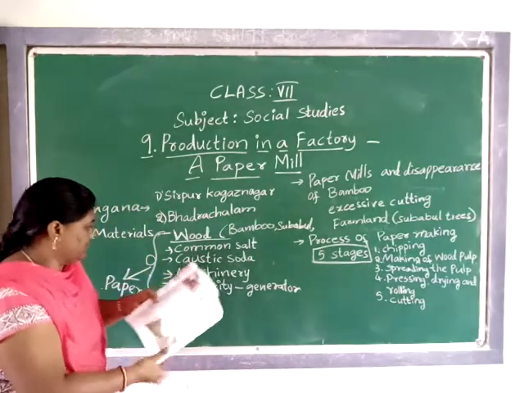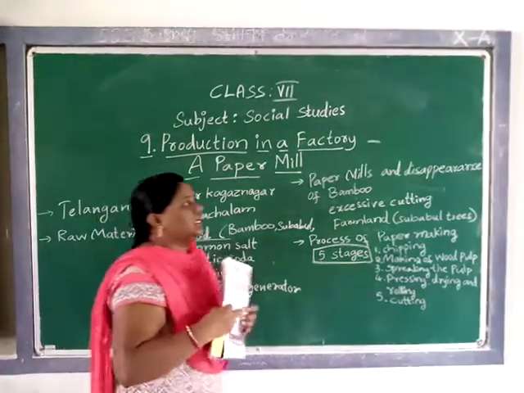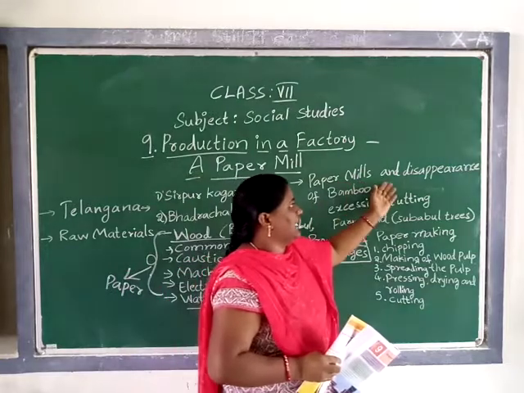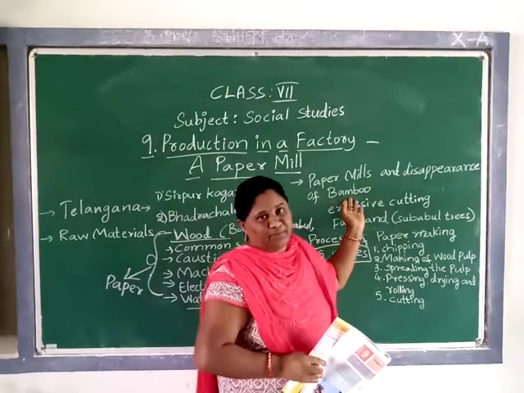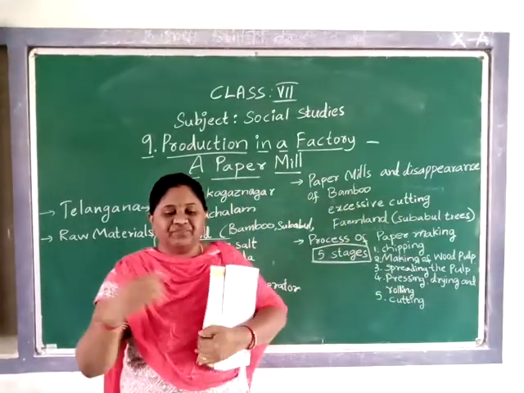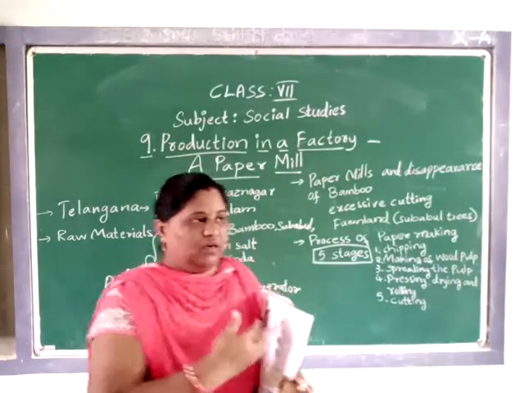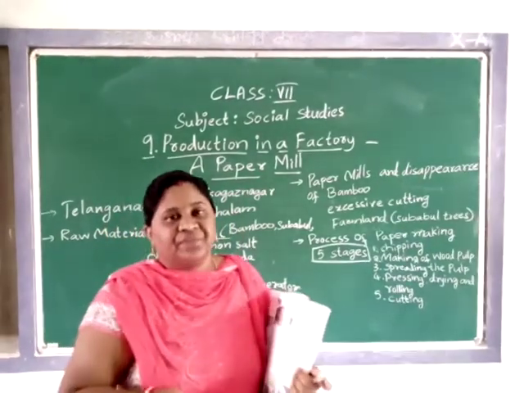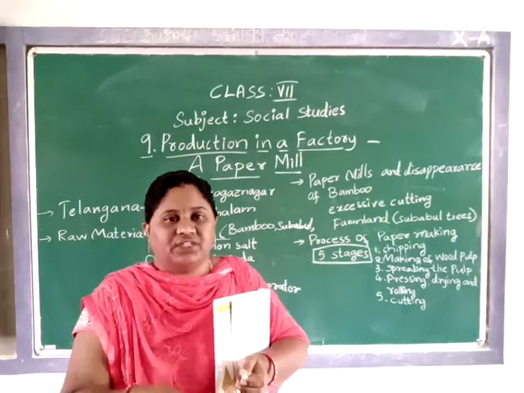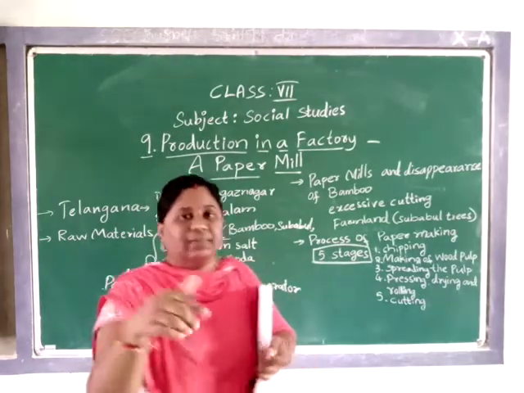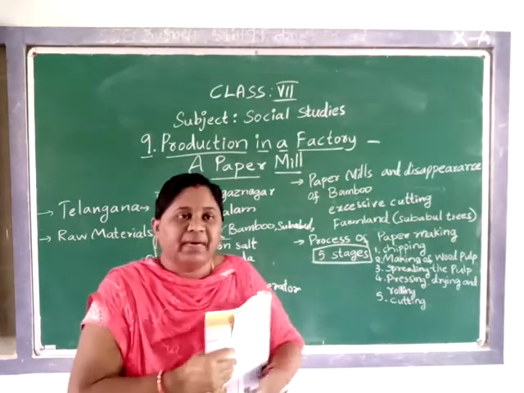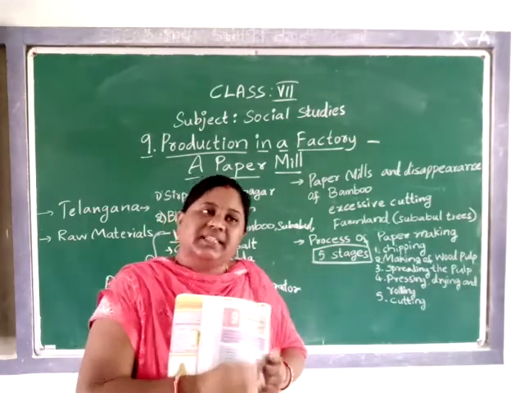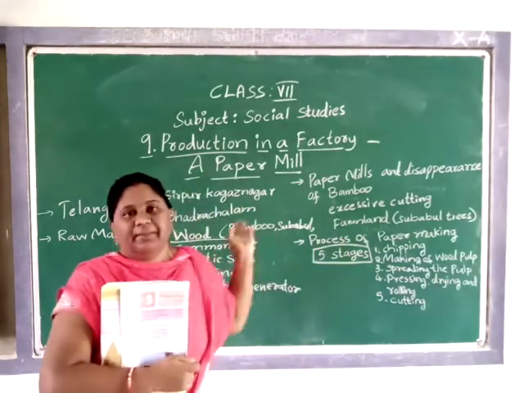So like this, see our topic, paper mills and disappearance of bamboo. Previously, when these paper mills started off, they were located near the forest where bamboo sticks, bamboo trees, are available more. There they established the paper mills.